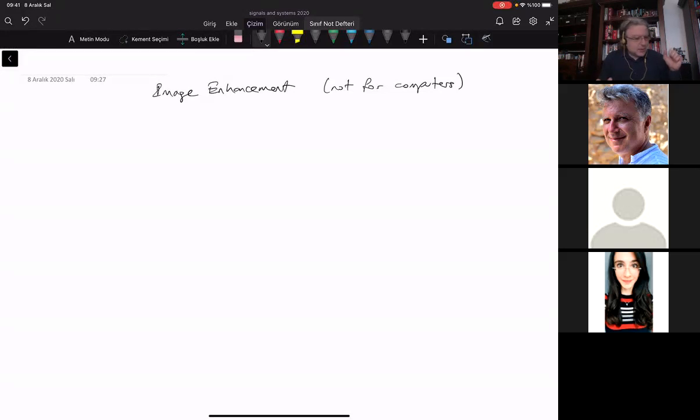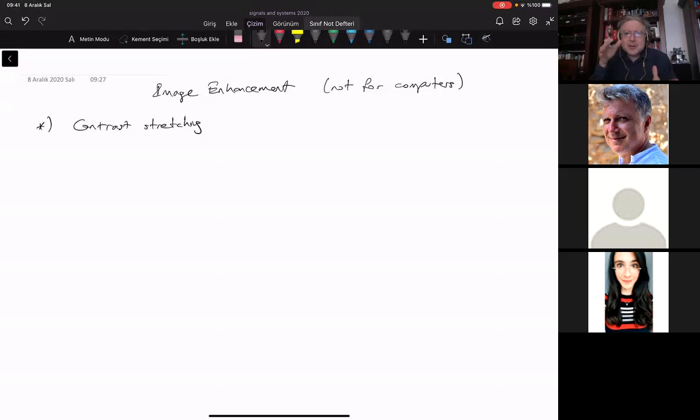For instance, we will see the contrast stretching. We will start with that one, actually. Let's give an example to that. Contrast stretching. So the image contrast is low. It's mostly grayish image, so it doesn't look good. And we cannot notice the details of an object, for example. If it is higher contrast, we will see it better. But the computer does not need that.